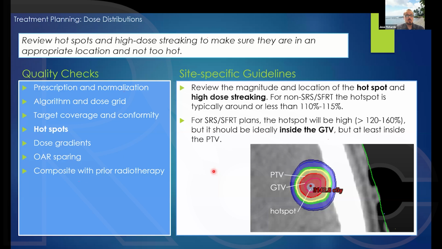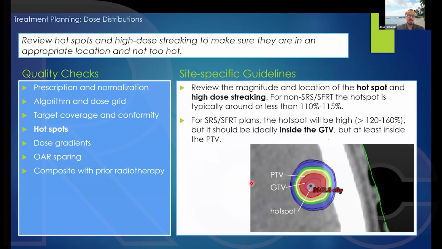But what you want to look for is that it's ideally inside the GTV. See the hotspot in this picture, that gray area? That's where my very, very high dose, my 120%, is. It's inside of the GTV, right? The outside red line is the PTV. Now, if that's not the case, if it's in between the GTV and the PTV, that's fine, as long as it's not outside of the PTV, okay?